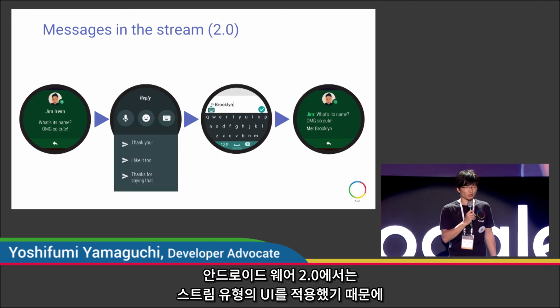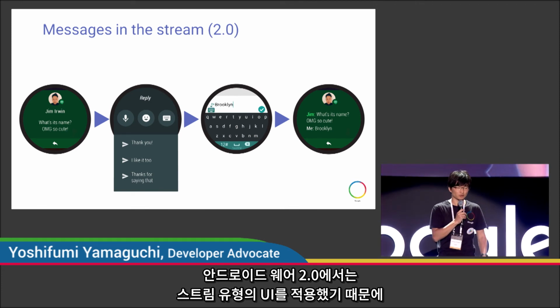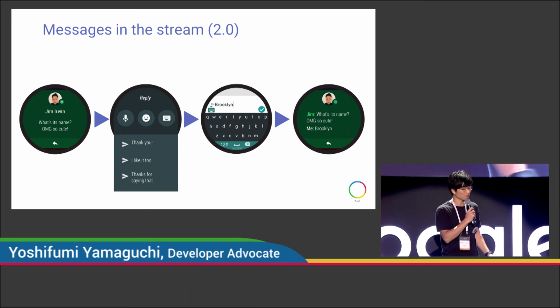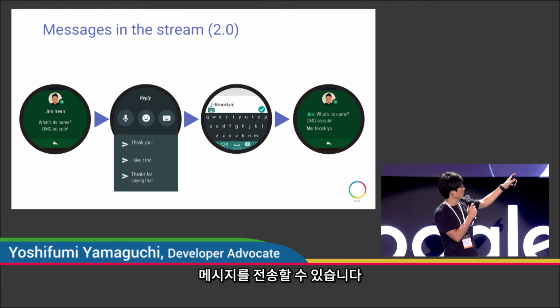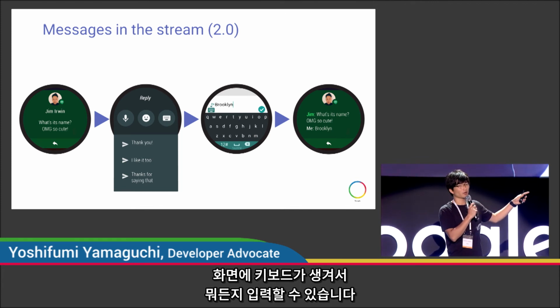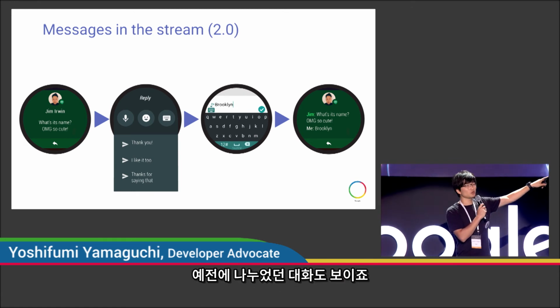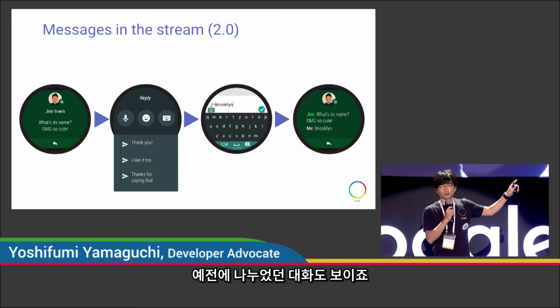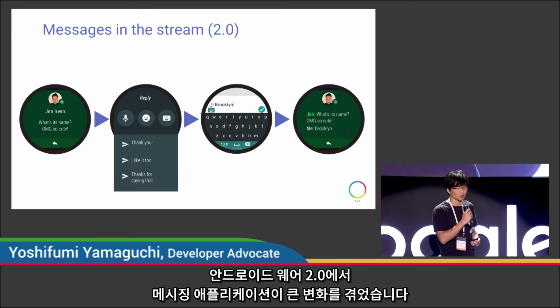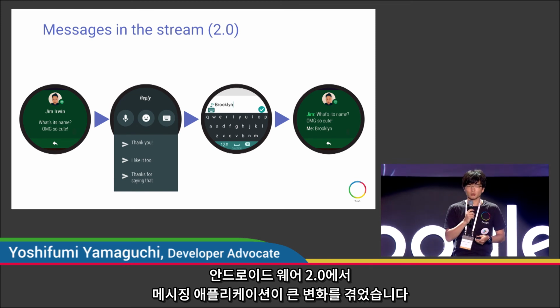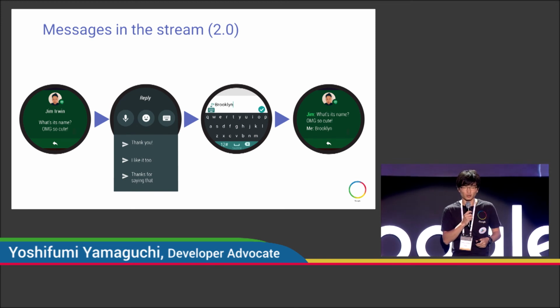But in 2.0, we introduced a stream type of UI. So you can directly press the action button and then send messages. And also we introduced a keyboard as well. So you can type anything. Then you still see the conversation, the historical conversation. That is a really big change in the messaging application on Android Wear 2.0.